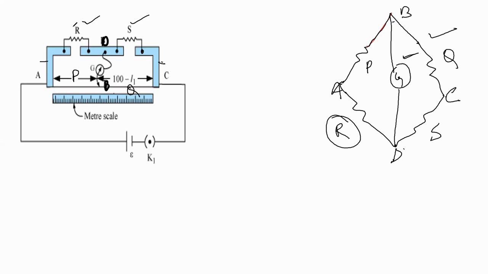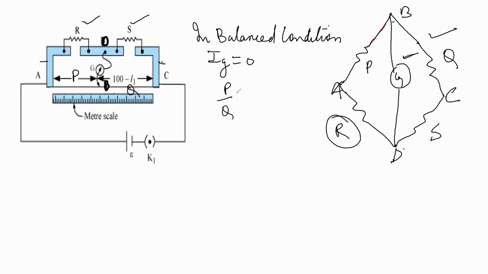So we use the same principle of the Wheatstone bridge in the balanced condition, P by Q equal to R by S. We know that Ig is equal to 0 and P by Q equal to R by S.